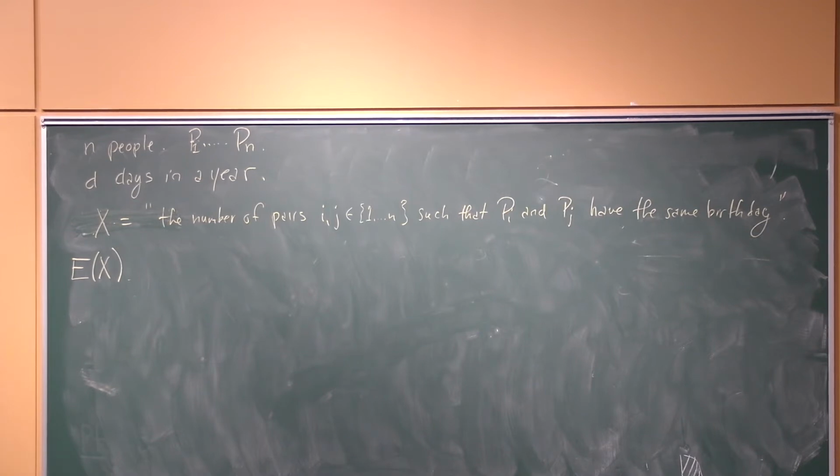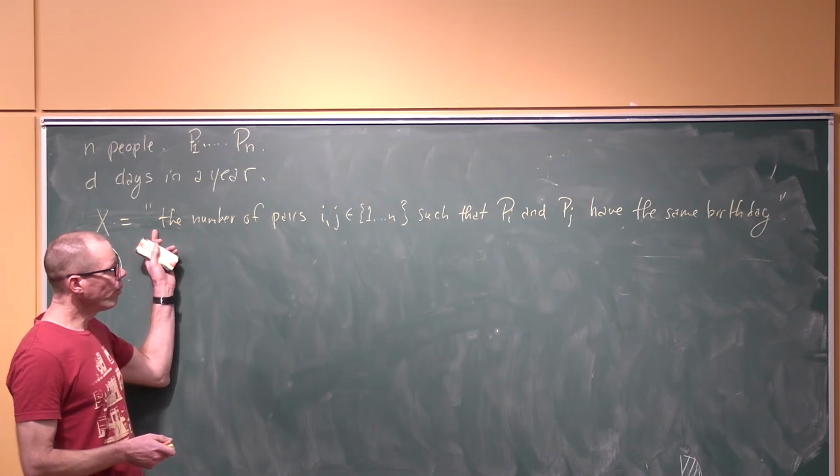Okay, so I have this complicated random variable X, which tells me the number of pairs ij such that pi and pj have the same birthday. I would like to express this as a sum of simpler indicator random variables. So any suggestions for what one of these indicator random variables should look like? The nice thing is we can do whatever we want.